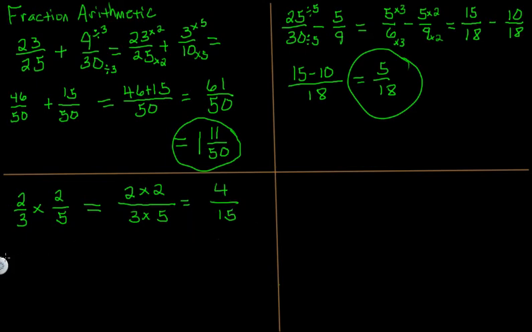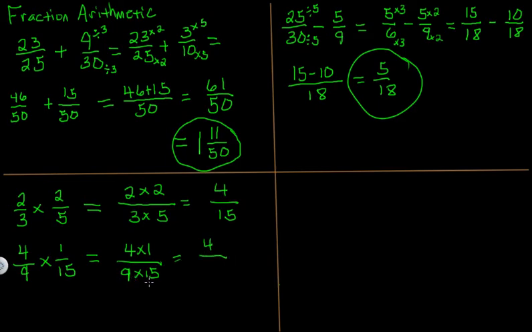All right? So let's look at another example. Let's say 4/9 times 1/15. Again, we do not need common denominators when we're multiplying. All we do is multiply straight across. So this is 4 times 1 over 9 times 15. So 4 times 1 is 4. 9 times 15 is mental math.